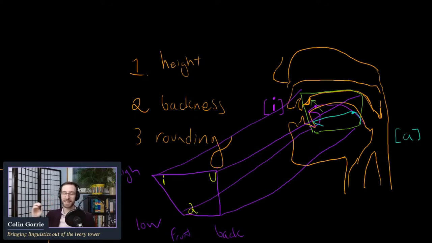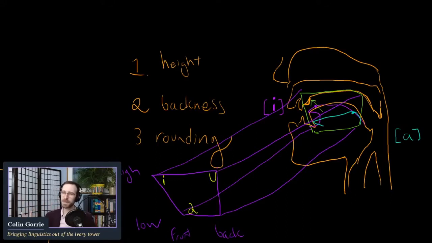We're going back, then we can go up. Okay, we've gone all the way up to the high back vowels. Something more to be said about them soon, because you'll notice something happened with my lips as I did that. And then from the high back vowel, we can go all the way back to where we started. Right? And so there I've also unrounded my lips as I've done it.